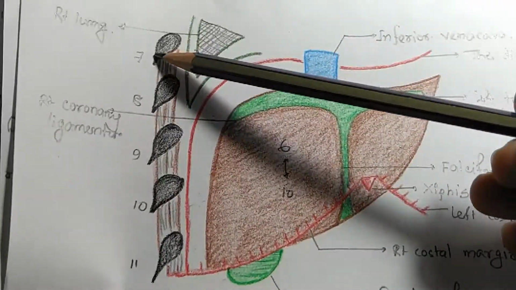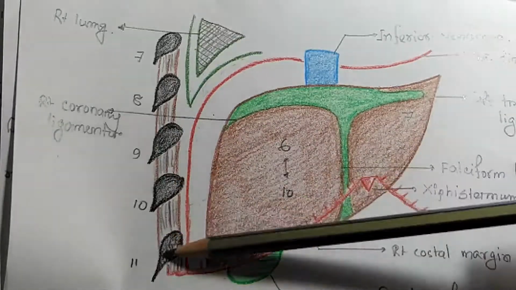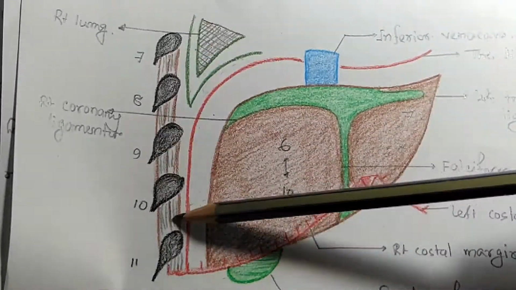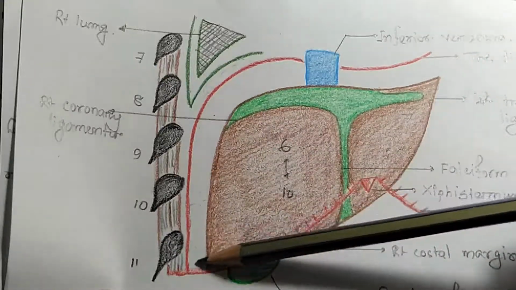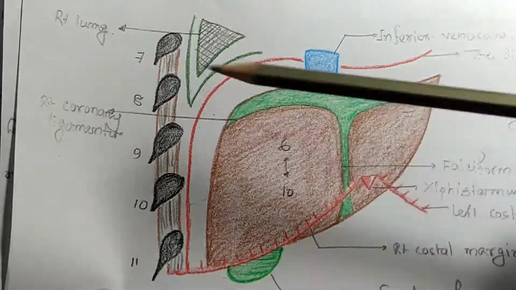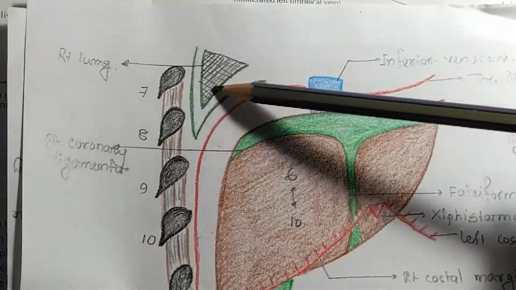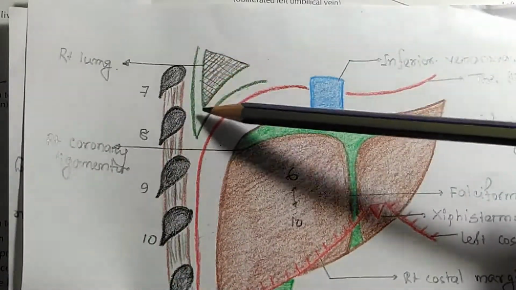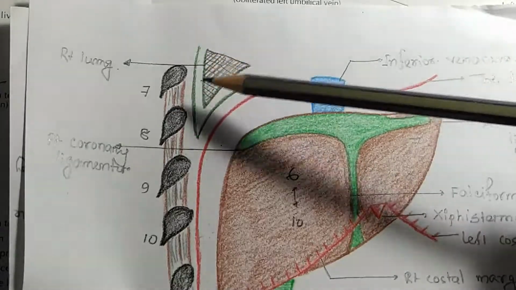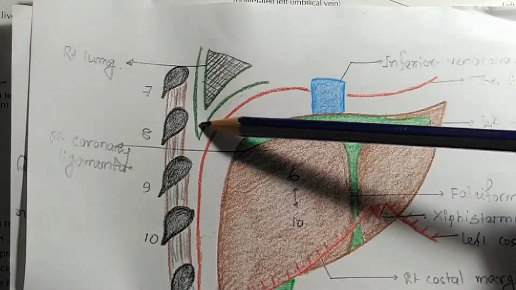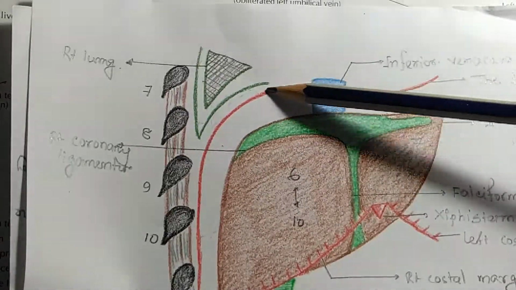You can see these are the ribs, 7 to 11, present just lateral to the right lateral surface. Okay, and you can see a part of the lung, that means the costodiaphragmatic recess.